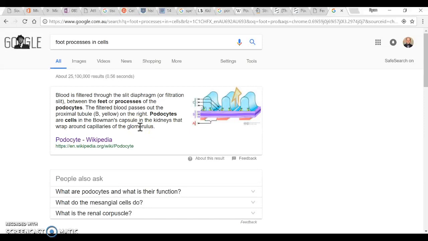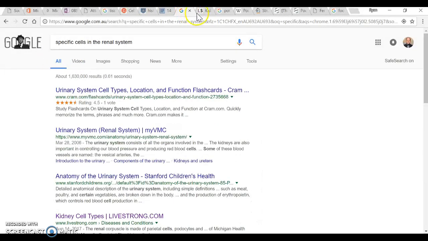So I can work out that what those foot processes are doing is sticking in next to each other, and so it's limiting the amount of blood that can get through. Isn't that what a filter does? It blocks some of the stuff and lets the other stuff through.